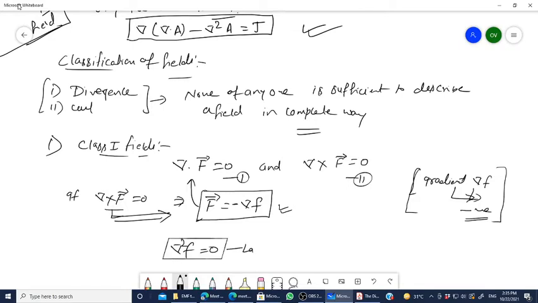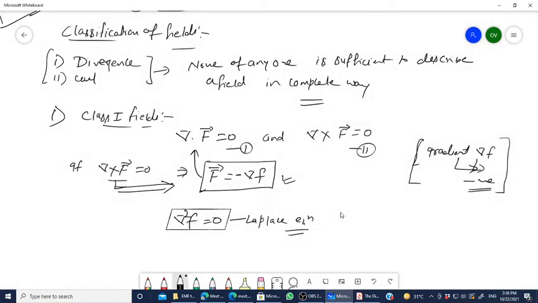It is the Laplace equation. And in the previous class also we discussed that in order to solve the class 1 field type of problem, we have to learn how to solve the Laplace equation.